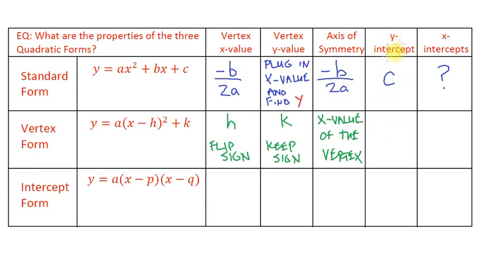How do you find the y-intercept? Alright, now this is a neat trick we can do. If you remember class, on a graph, the y-intercept is always where x equals 0. Anywhere it touches the y-axis, the x value is 0.